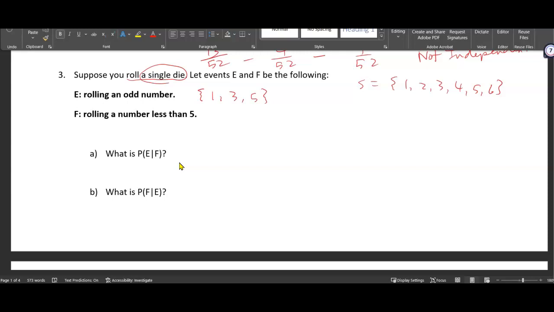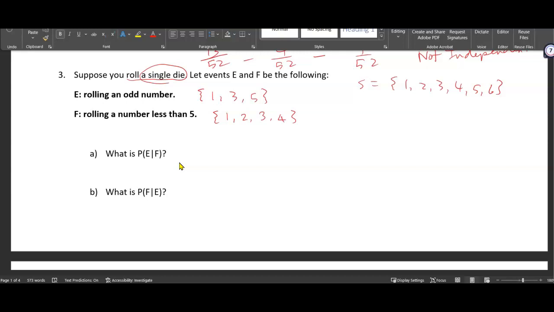And then you have F, the numbers less than 5, which are 1, 2, 3, and 4.